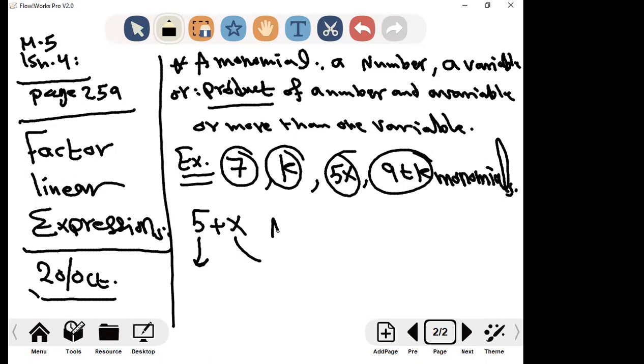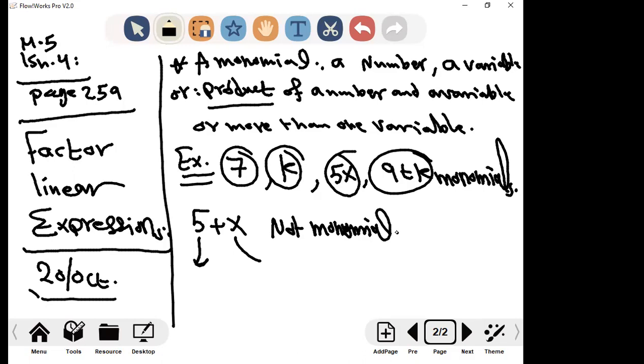It contains monomials but it is not one monomial. This is not a monomial. Two monomials. Got it?